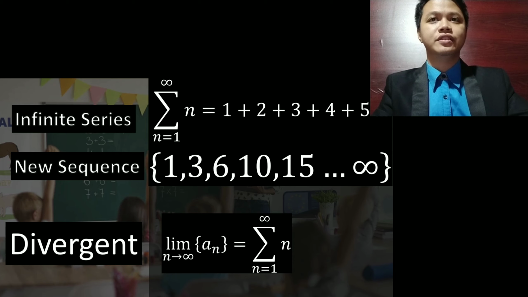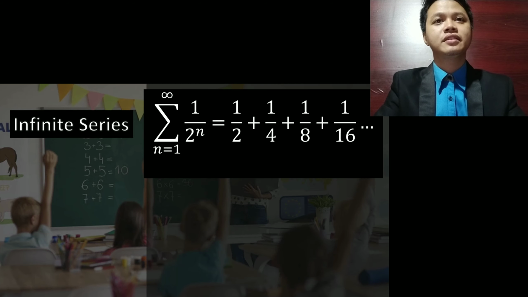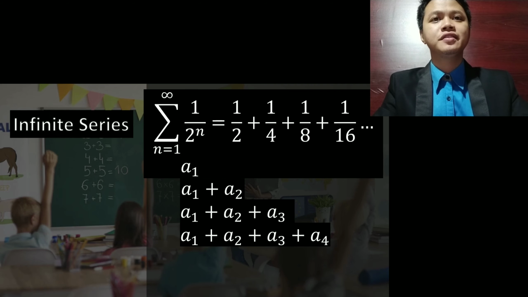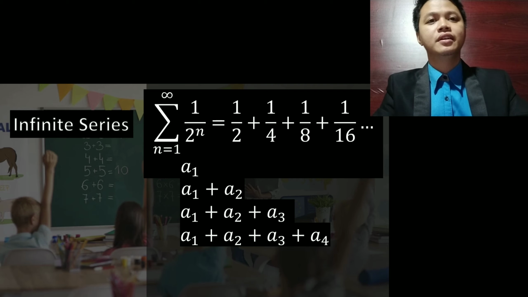The series is divergent. Let us look at another example, summation of 1 over 2 raised to n from 1 to infinity. Given, the terms are 1/2 plus 1/4 plus 1/8 and so on. Now, the first term is a sub 1, then second we add the first two terms, next we add the first three terms and so on.